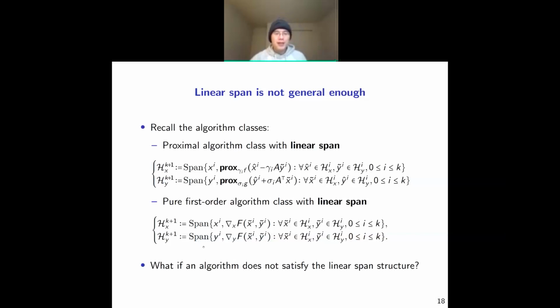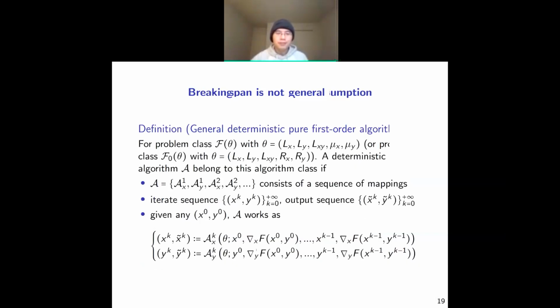So I just want to emphasize that there could be some algorithm that does not satisfy this linear span assumption. So we would like to extend our result to the cases of more general first order methods. And so in this case, we'll have to give the definition of how we specify a general deterministic pure first order algorithm without the linear span structure.